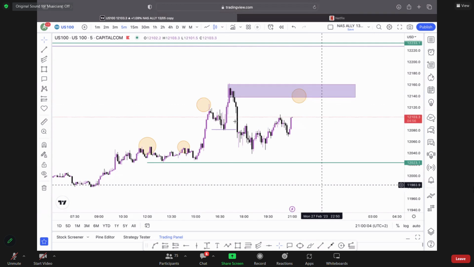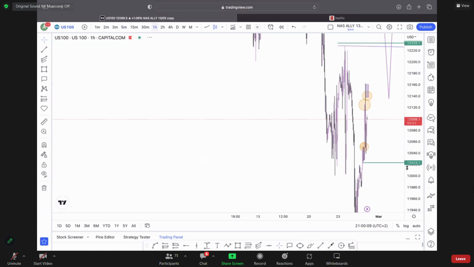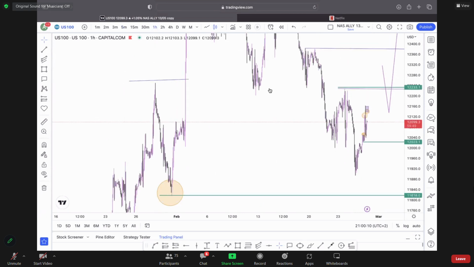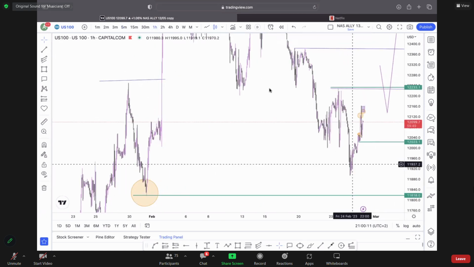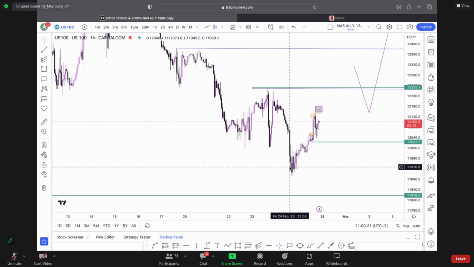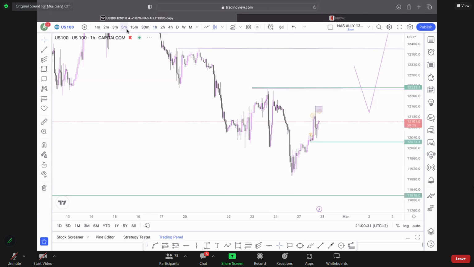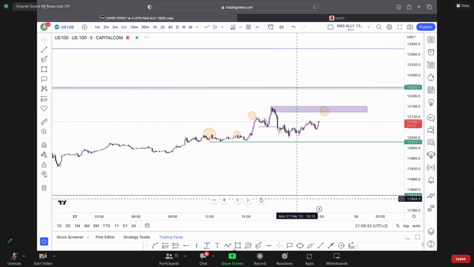Because the structural high over here has still not been taken out, so we don't have a change of character yet. However, the fact that we are in discount of the daily swing low and the 4-hour swing low holds very much significance. And that is why potentially the market can induce sellers into the market over here and then take you guys out.